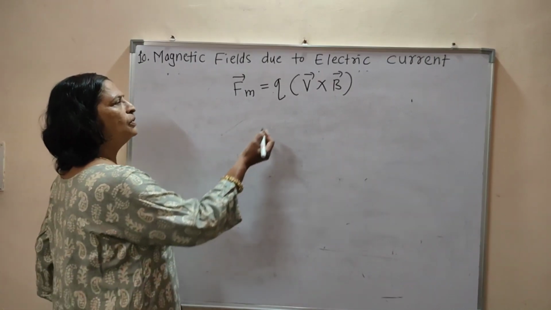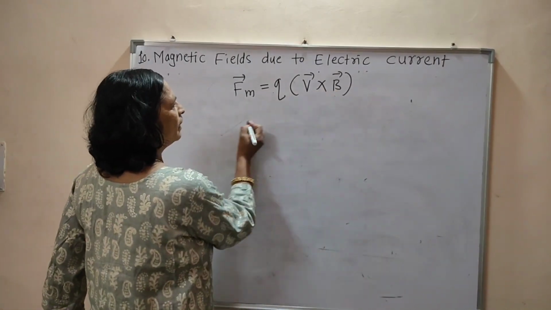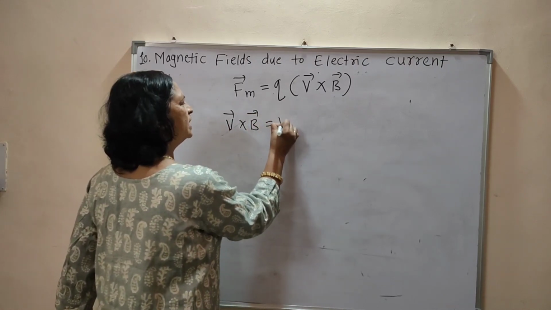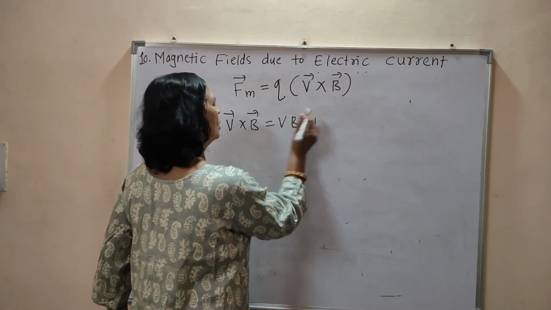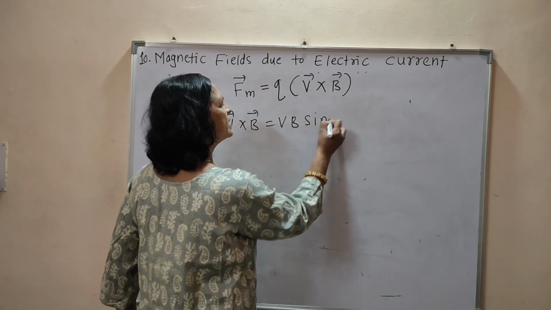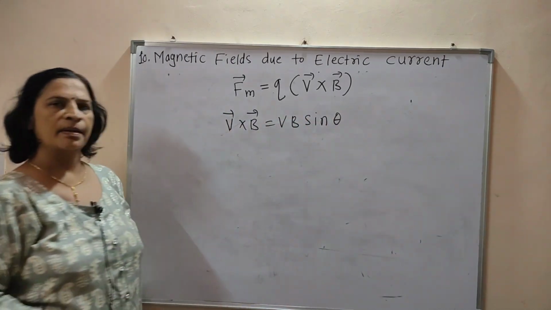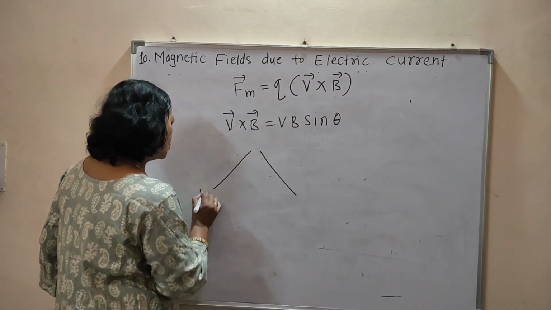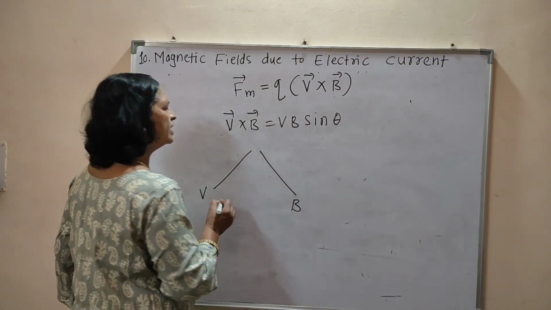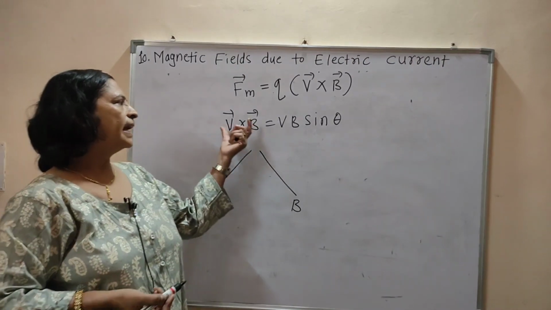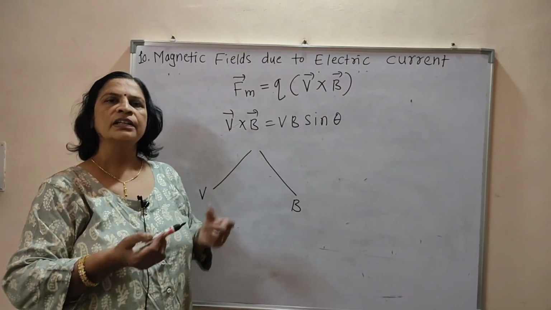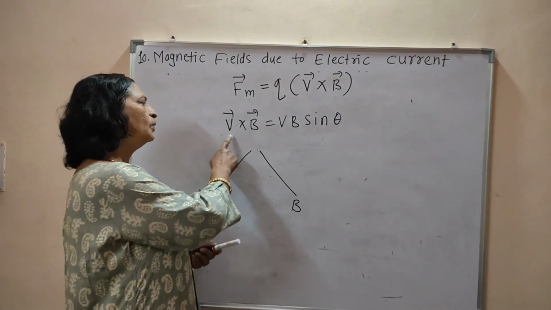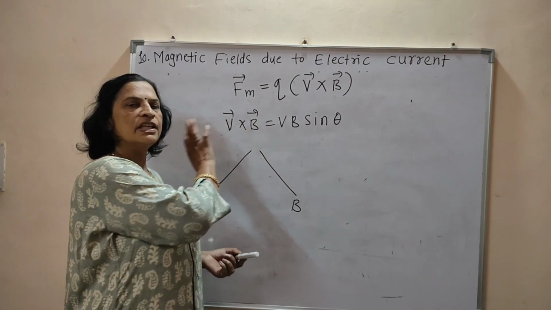According to the vector product, V cross B is V B sine theta, the product of the magnitudes of two vectors and the sine of the angle between them, and the direction of this cross product is a third vector which is perpendicular to the plane containing these two vectors.